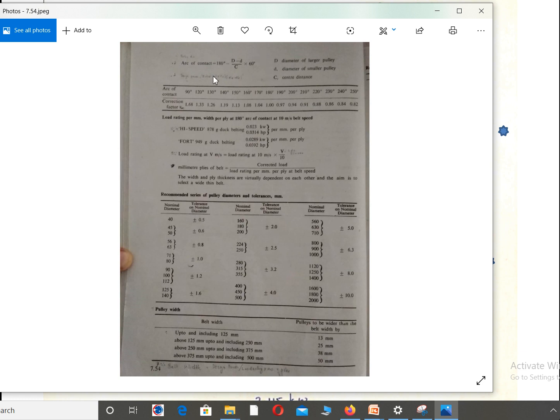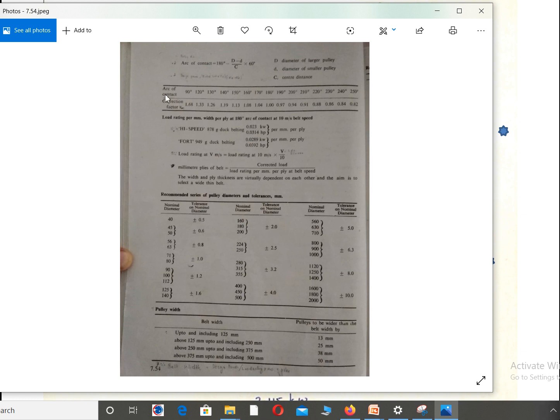Arc of contact is equal to 180 minus (D minus d) by C, multiplied by 60 degree. D is the diameter of the larger pulley, small d is the diameter of the smaller pulley, and C is the center distance. Once you solve, you will get an arc of contact value.